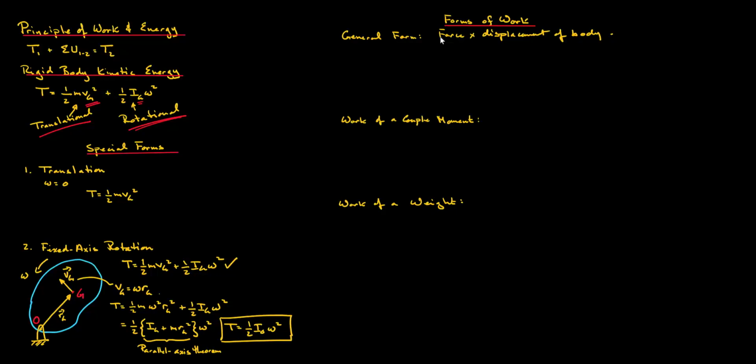The work done by an external force acting on a body moving along a path S is given by this. So we have the work going from position 1 to position 2 is equal to the integral of the force vector multiplied by the dot product of dr, a differential displacement r. Now what does this mean?